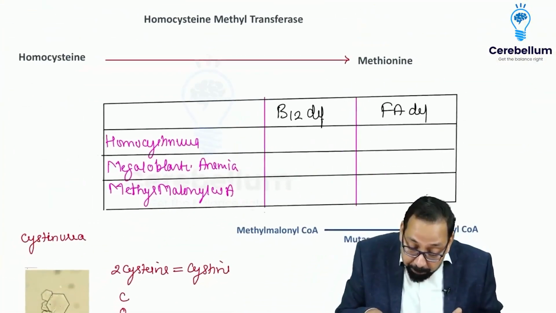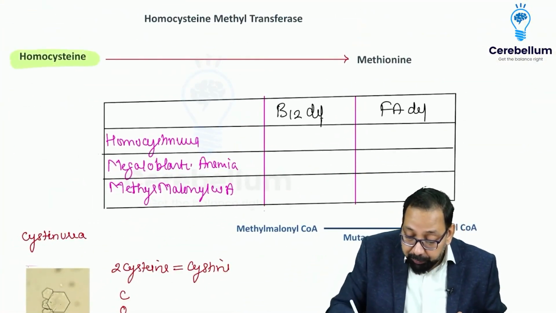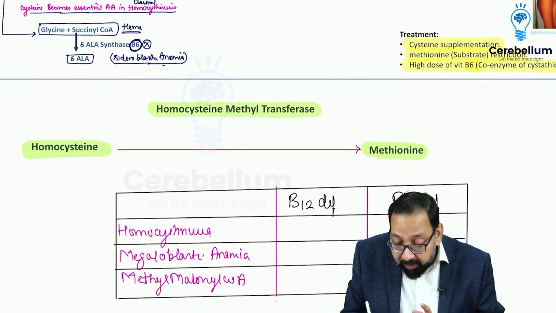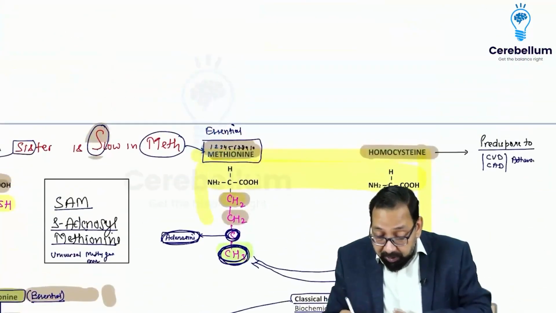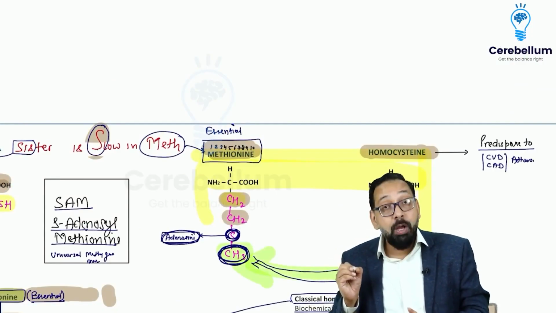Now we come to one metabolic pathway, that is homocysteine is converted to methionine by the enzyme homocysteine methyltransferase. I told you the only difference between homocysteine and methionine is a methyl group. If I join a methyl group to homocysteine, it will be converted to methionine.